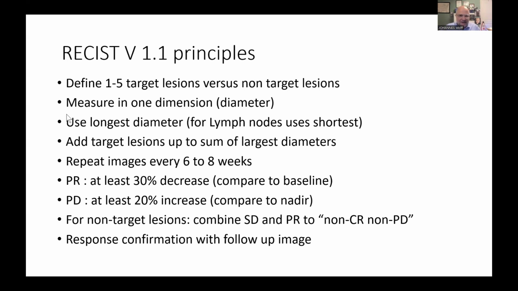Then you measure that. And this measurement is probably the most important simplification that RECIST 1.1 has done, so that this whole thing of RECIST response criteria became doable and simple. We are measuring in only 1 dimension. Tumors are 3-dimensional structures.